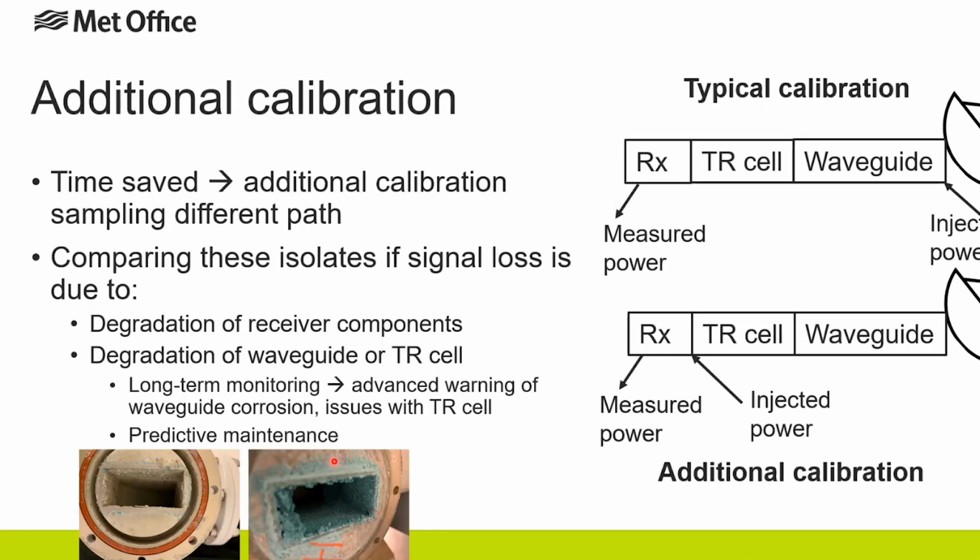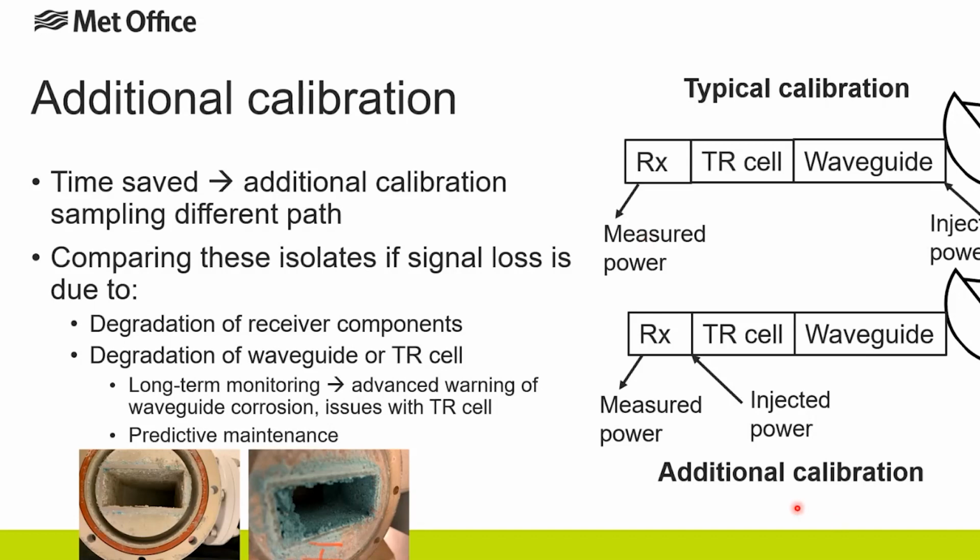So with the time saved, we've been able to implement an additional calibration by default. So we'll be doing this additional calibration that will sample a different path. So in a typical calibration, the power is injected and then it travels through a run of waveguide, the TR cell, and then the receiver, where it's measured at the analog to digital converter.